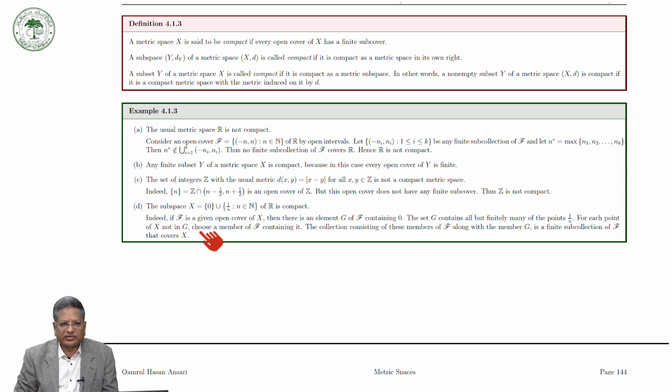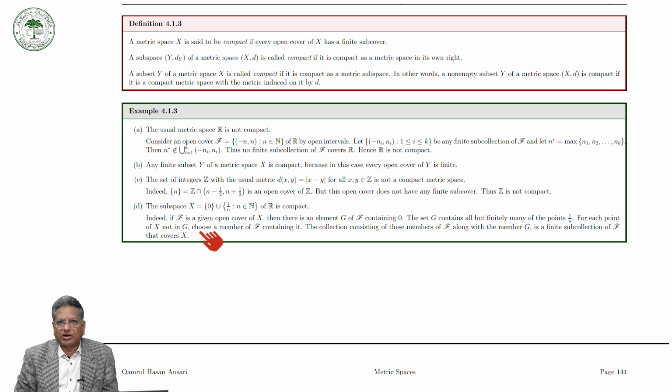So let X be a metric space. Then X is said to be compact if every open cover of X has a finite subcover.